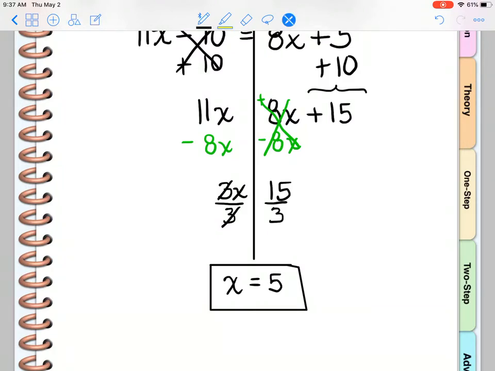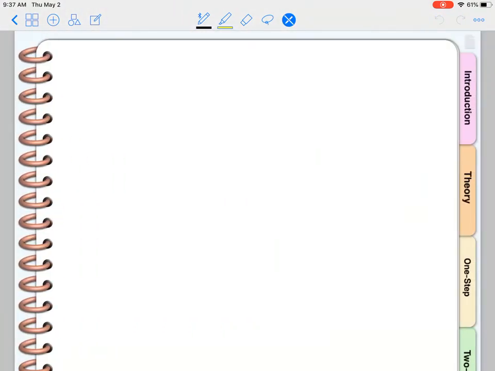Okay, number 3. I have 5x plus 8 equals, let's try that again, equals x minus 8.